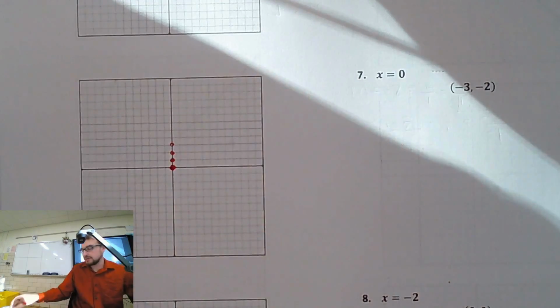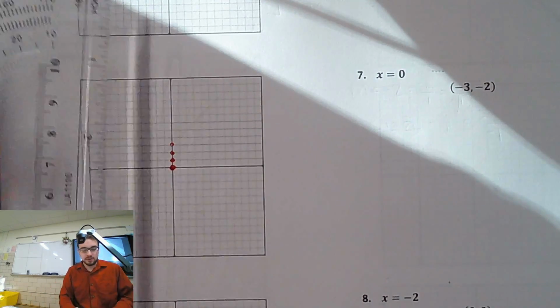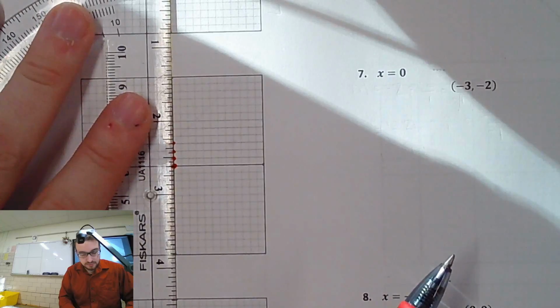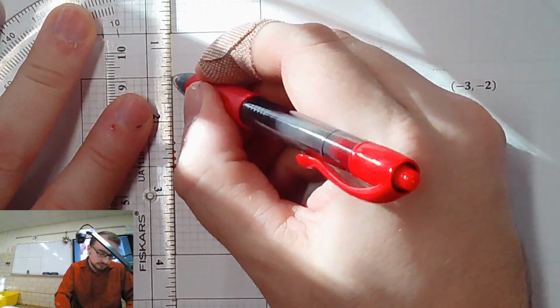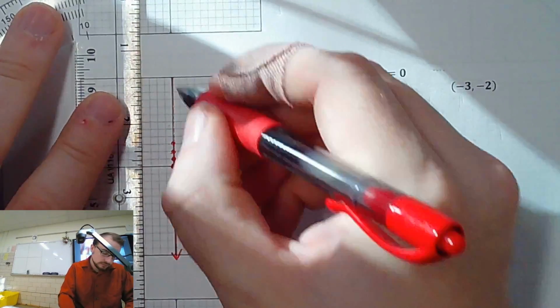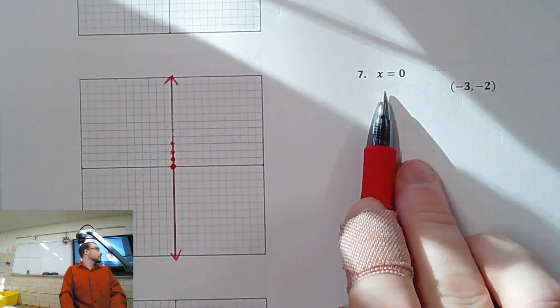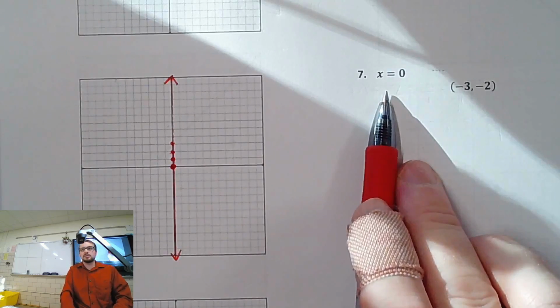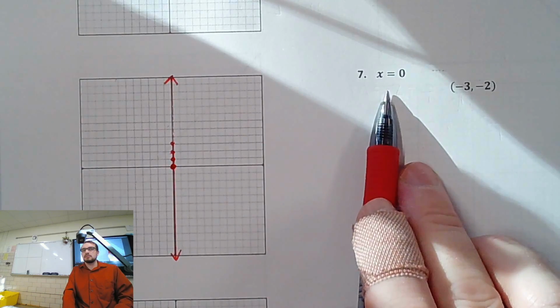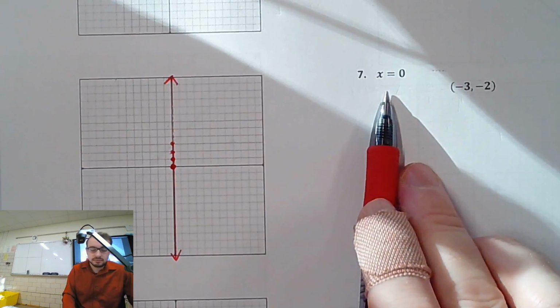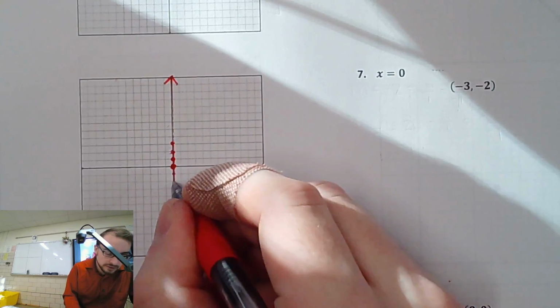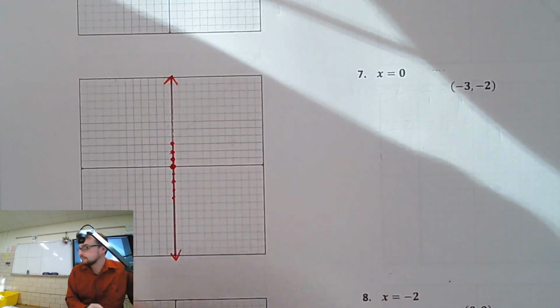Do you see what this is going to make? Vertical line. All the points where x is 0. Do you smell what I'm stepping in? These are all the points where x is 0.